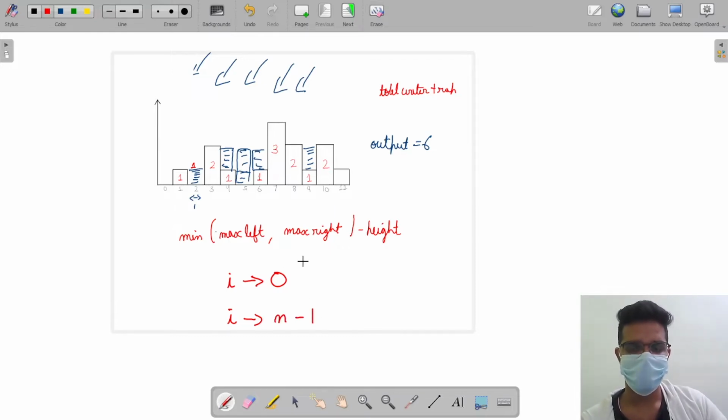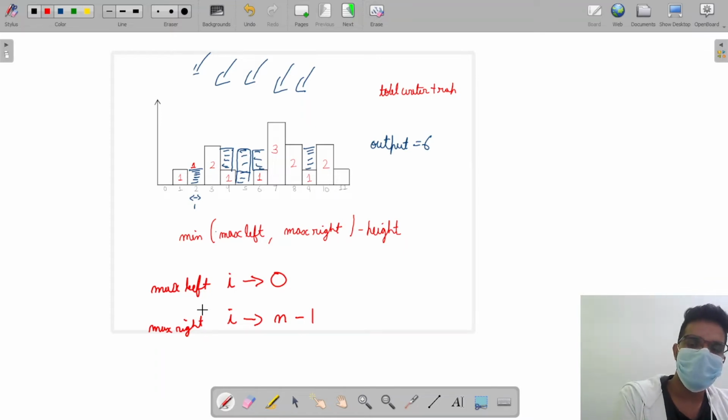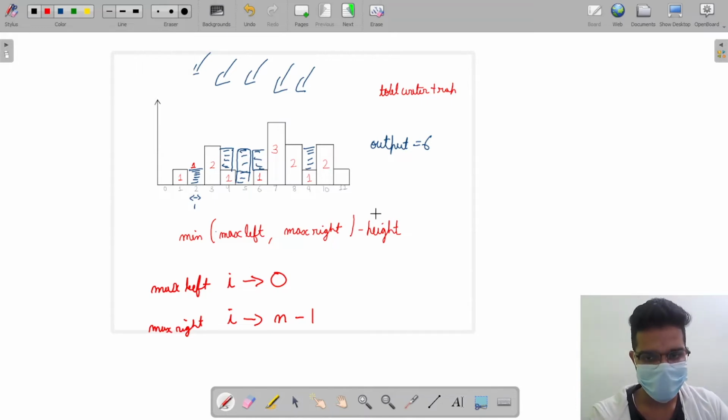So this will give me my max left, this will give me my max right. So by this I can calculate how much water will get trapped here simply by deducting my own height.